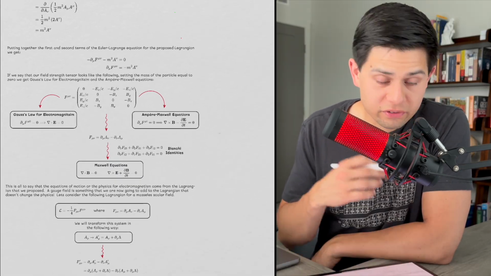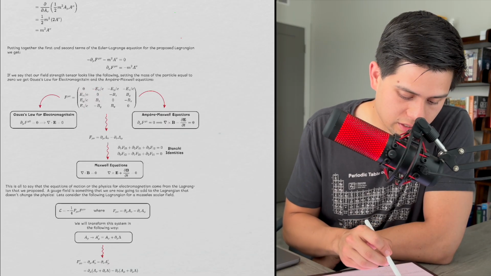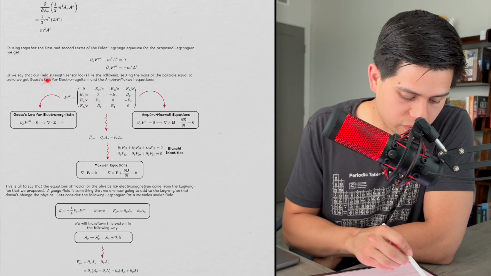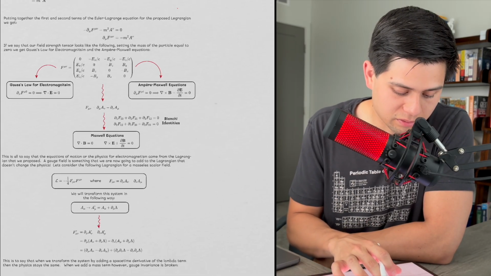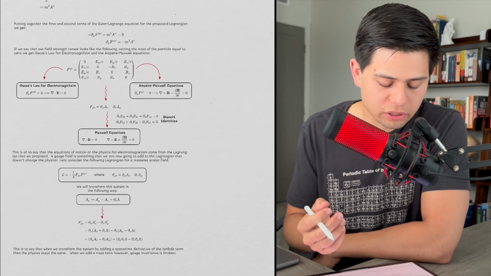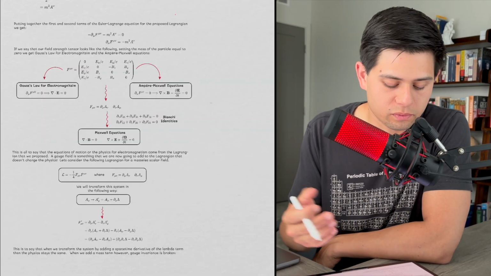So if we say that our field strength tensor looks like this, then setting the mass of the particle equal to 0, we can get Gauss's law for electromagnetism and the Ampere-Maxwell law as well. We won't go through their derivations because that's physics 102 or 201, whatever you want to call it.